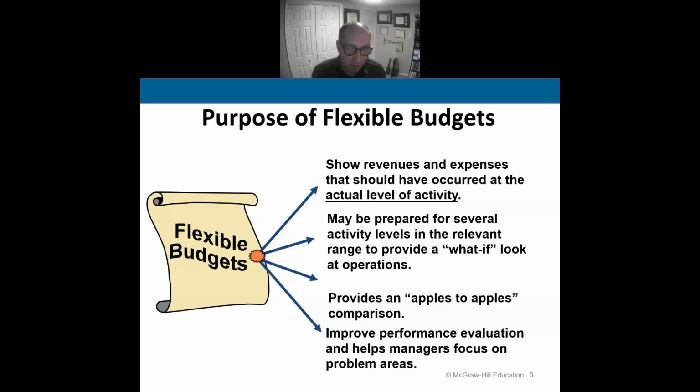It still shows the difference in the actual versus the budgeted amount, but the difference is based off of the levels of activity. I'm going to show you what that looks like here.